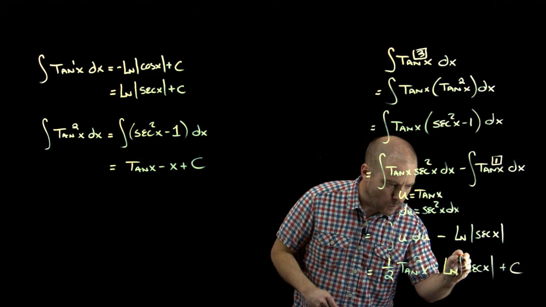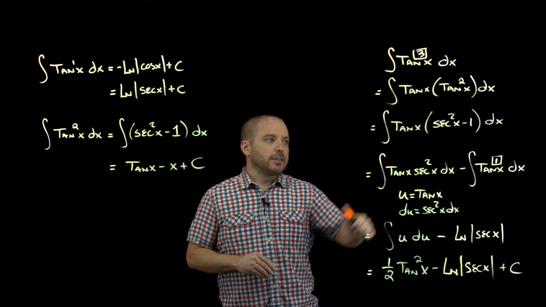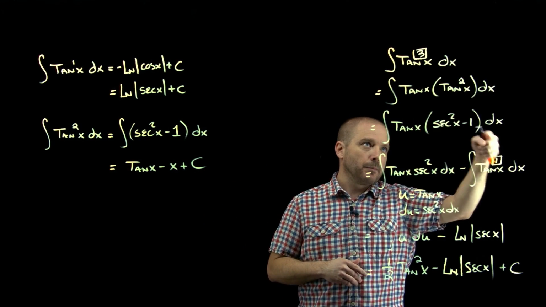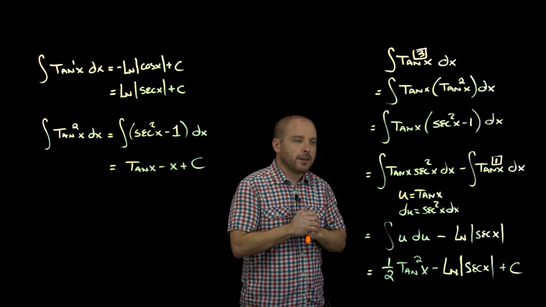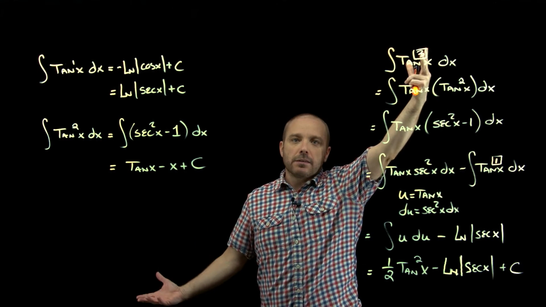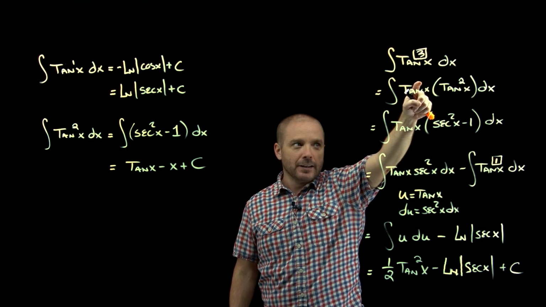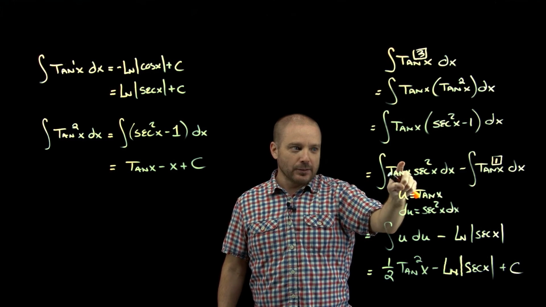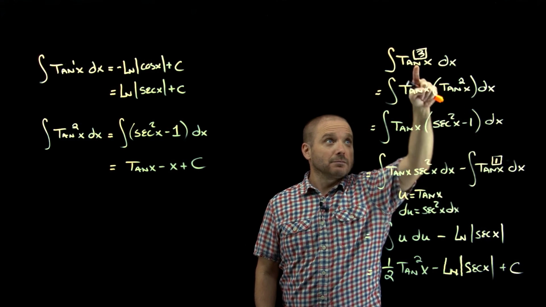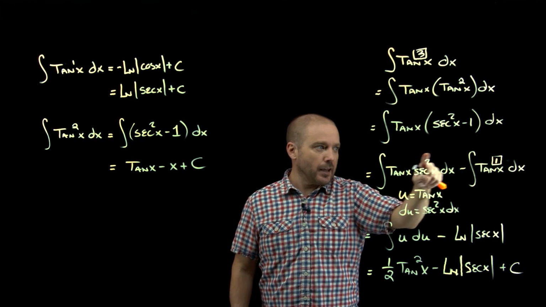Okay, so let's see, what would change for higher degree? So I said that the process is a power reduction. You reduce by 2 degrees each time by using this identity. If this had been tangent to the 30th degree, you factor off 2, this is now 29th degree, right? Excuse me, if that's 30th, take off 2, that's 28, 28, 28, 28.